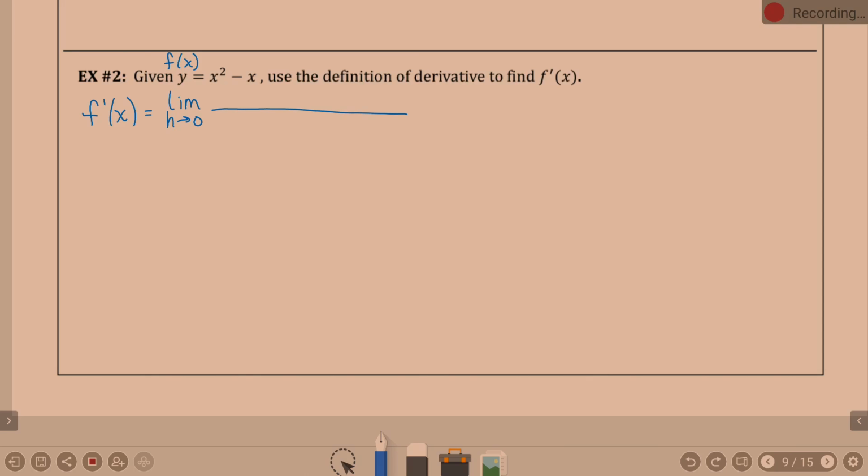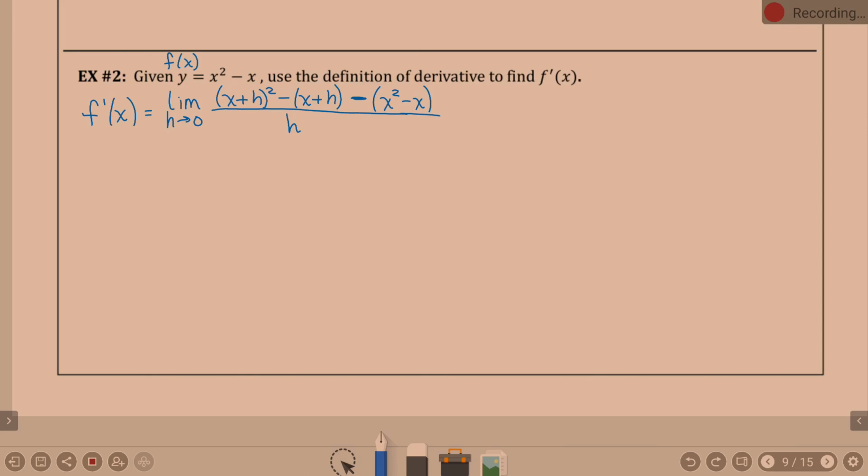So, x plus h squared minus the quantity x plus h, right? That's your f of x plus h. Minus f of x. So minus the quantity x squared minus x, all over h.